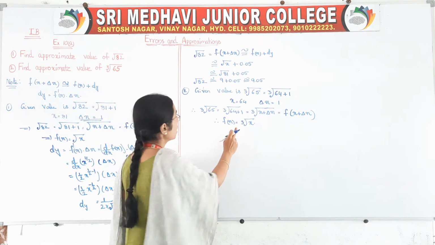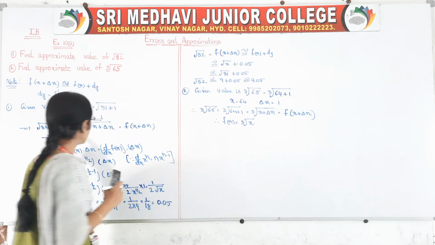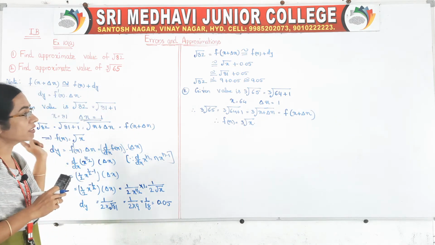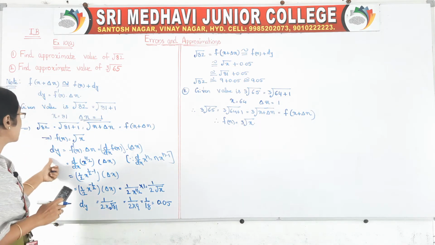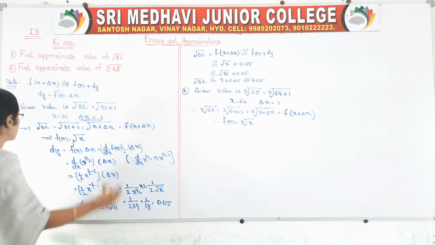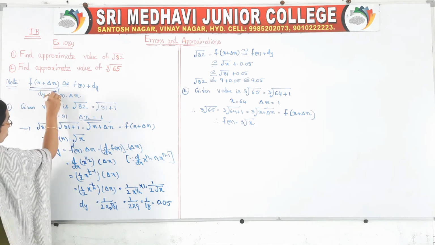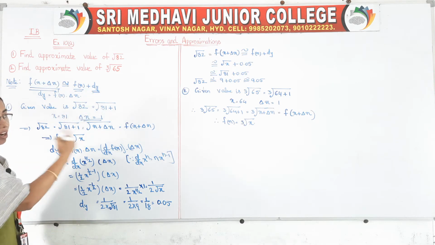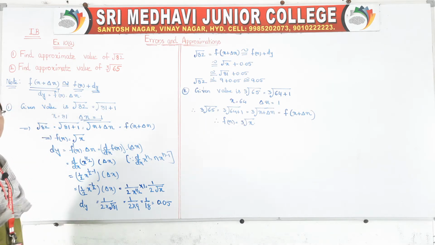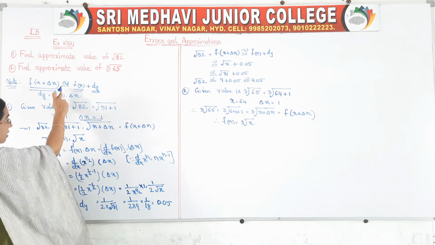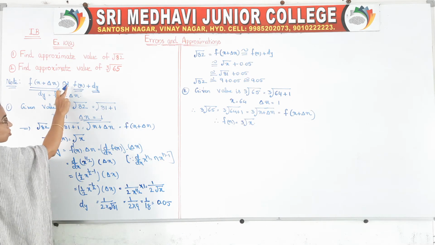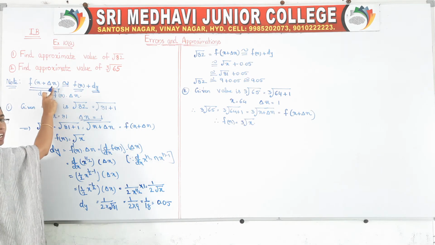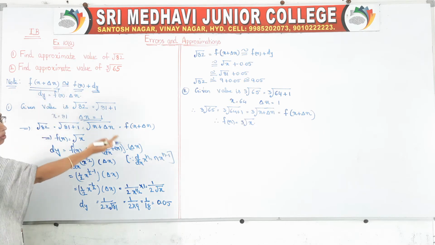Right. So once we got f of x, we then take our dy. Why? To get our approximate value, we need f of x and dy. We got f of x, now we need dy, right? This is called the approximate value.